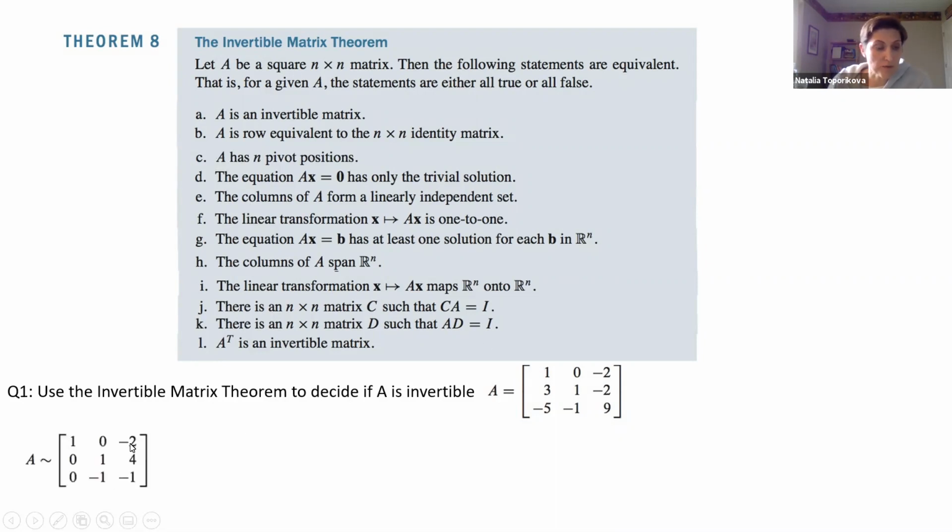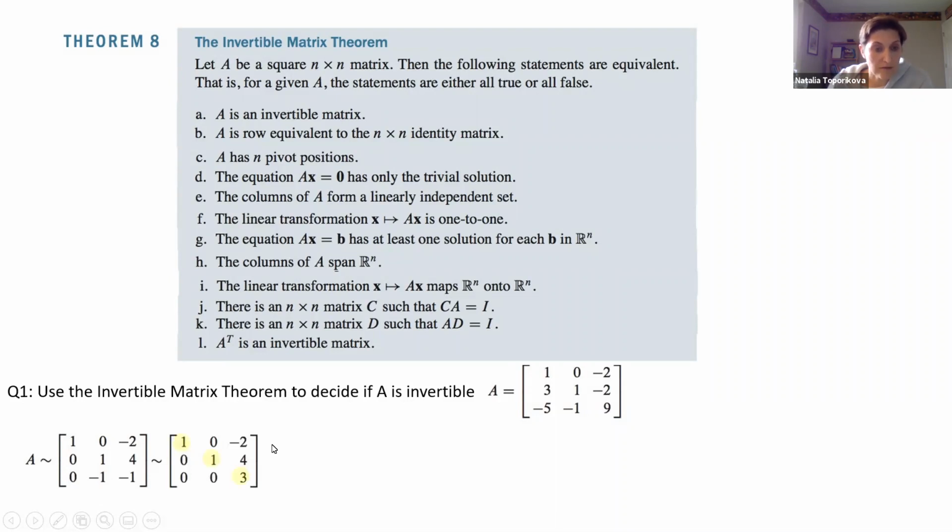Okay, let's perform the row operations. We usually start from the first column, and we need the two bottom positions equal to 0, so we perform the row operation and write the equivalent matrix. And then we need to get rid of this -1 in the second column to get the pivot position for the second column. So finally, look at that.